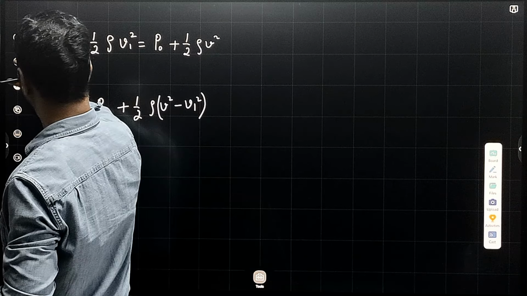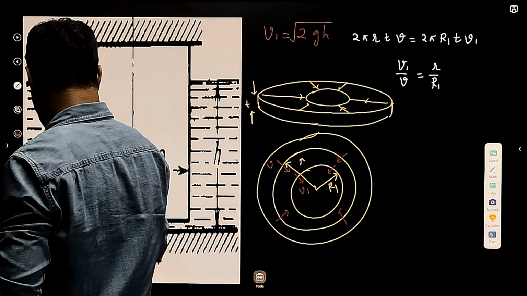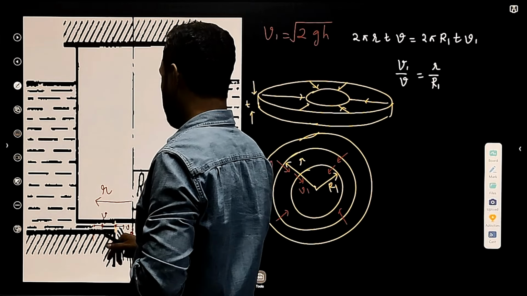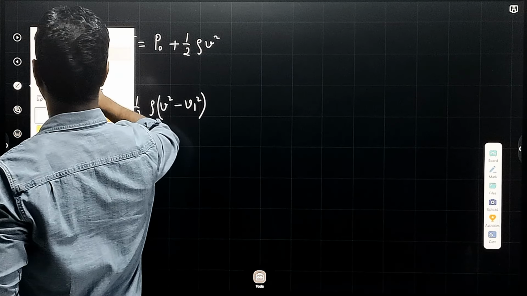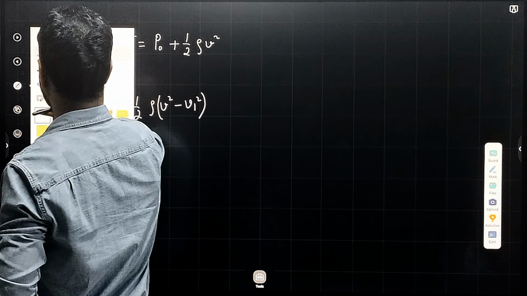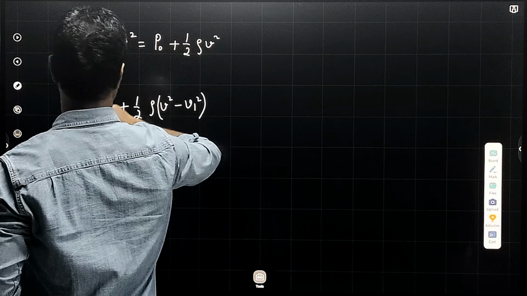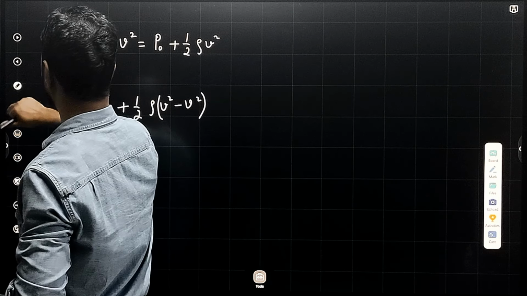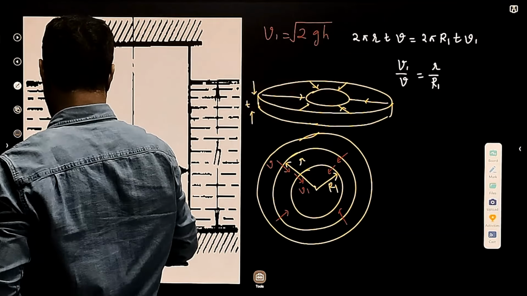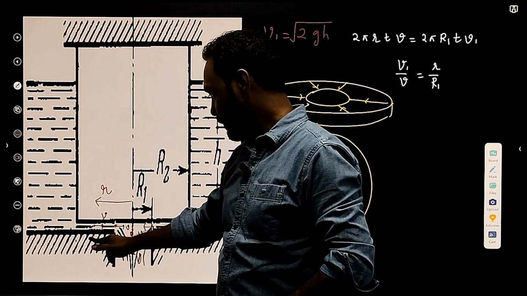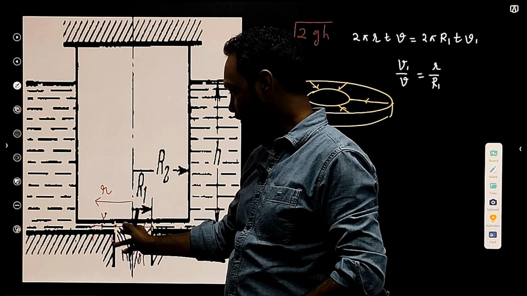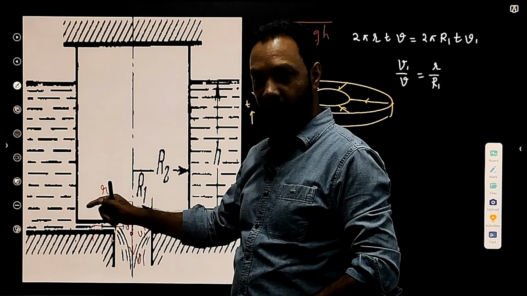So at point 1 pressure is P1, velocity is v. At point 2 pressure is P atm, that is P naught, and velocity is v1. There should not be any confusion, I have just written the numbering in a not very proper way.